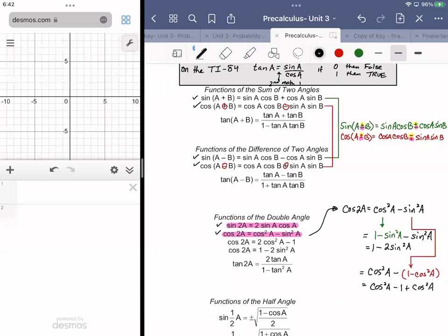So we'd have two of those cosine squares, and that would give us this other rule. Really, it's just working off of 4 unique rules.